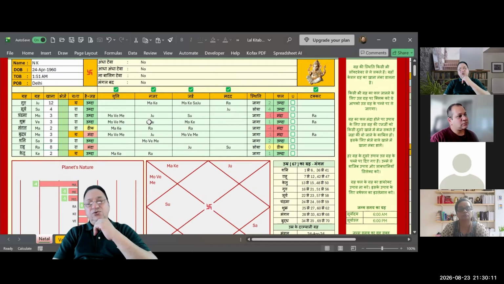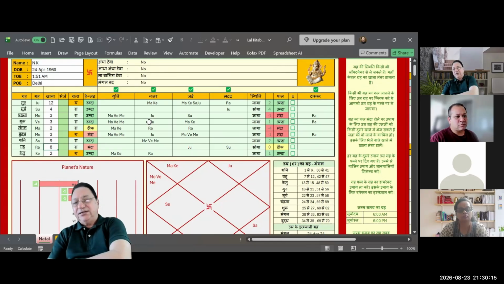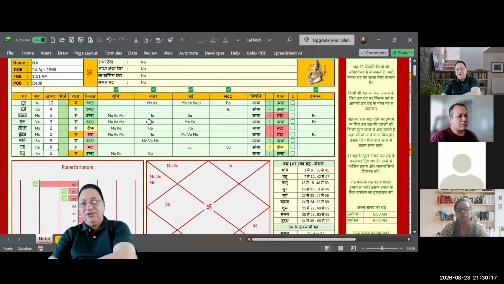Now, there are so many rules in Lal Kitab. I think somebody said that she has done a course and probably got confused with a lot of rules. Who was there? Somebody said, right? All those rules are now covered here in this app.